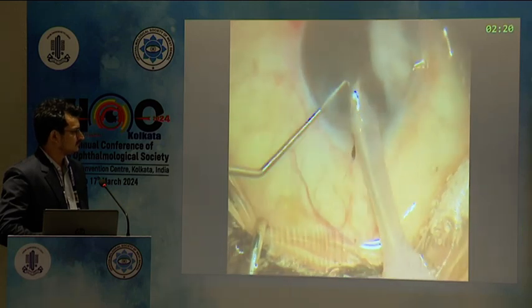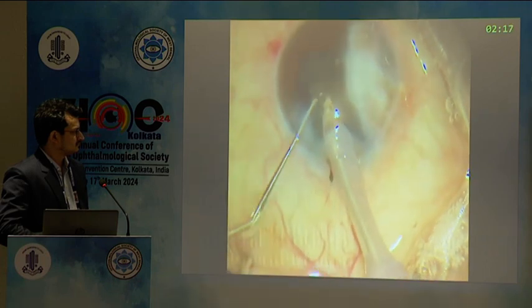Use of viscoelastic should be done amply.